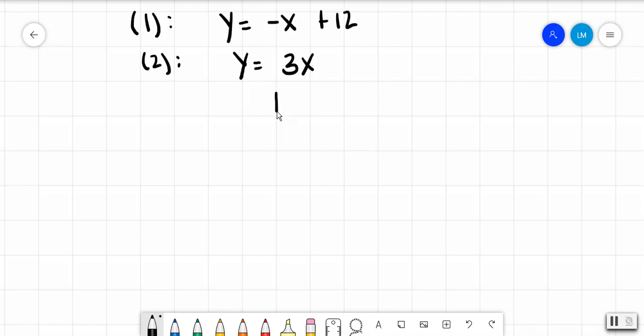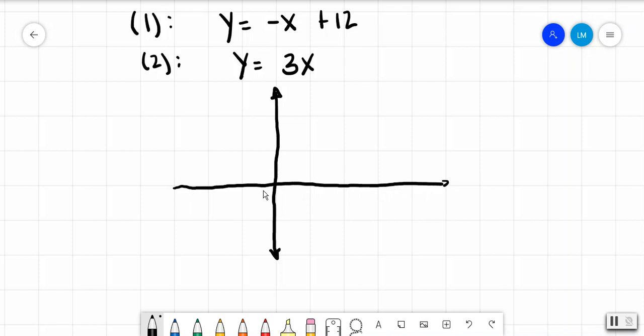So we go ahead and we graph these two in the x and y plane. Now, one thing that we can make note of is that we want to get the y-intercept at 12. So let's do it like this.